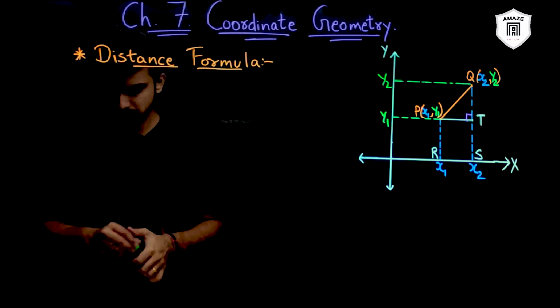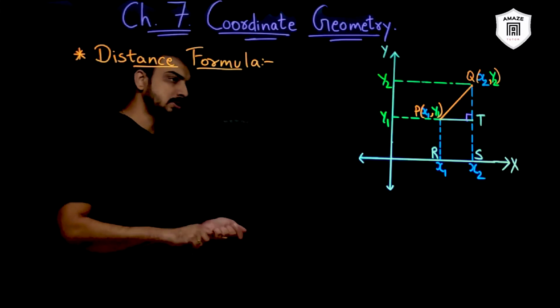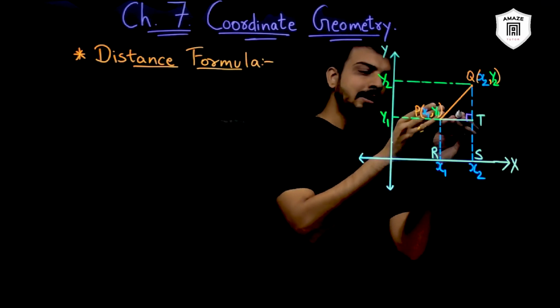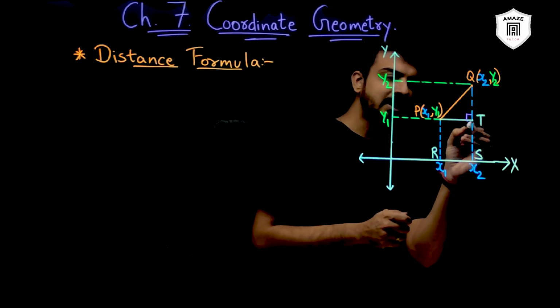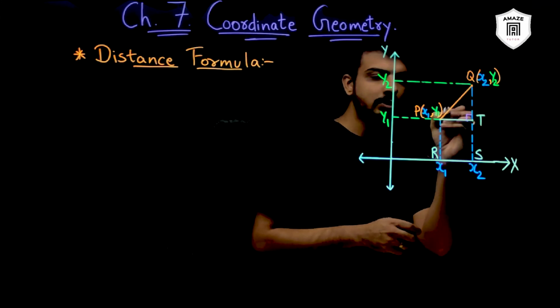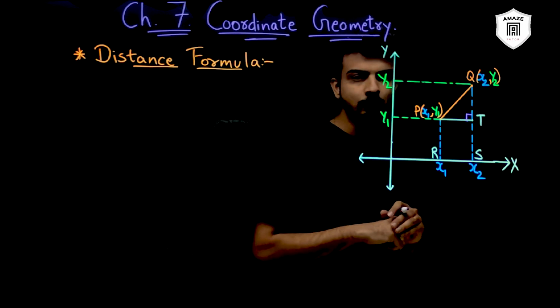Now, let us do the same process. We have a right angle triangle here, which is QTP. We want these 2 sides, PT and QT, and then we can figure out the distance PQ. Our aim is to figure out the distance PQ.